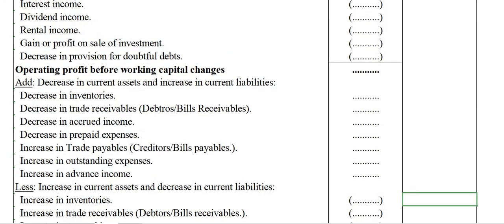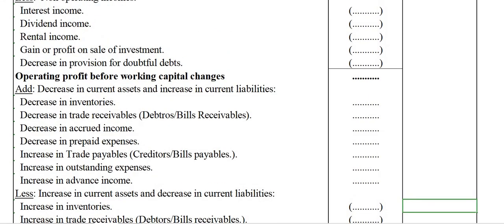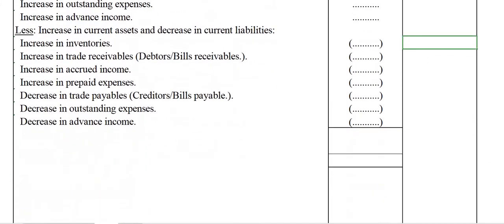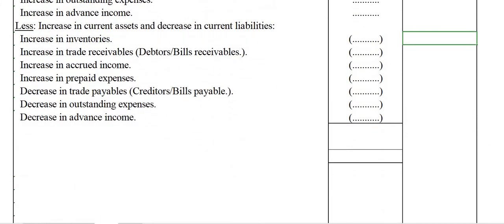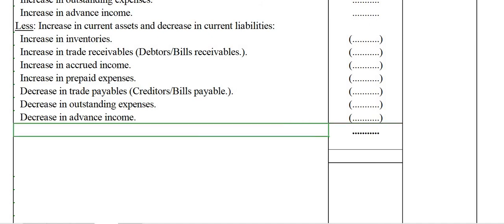So now we have added changes in working capital to the operating profit before working capital changes. What will be the result? Here we will write the amount down, and against that we can write cash generated from operations, or you can write cash generated from operating activities.